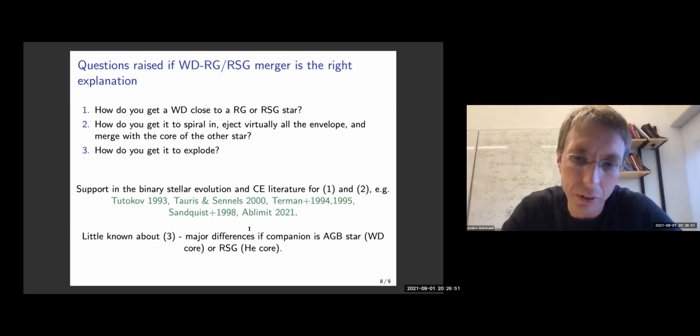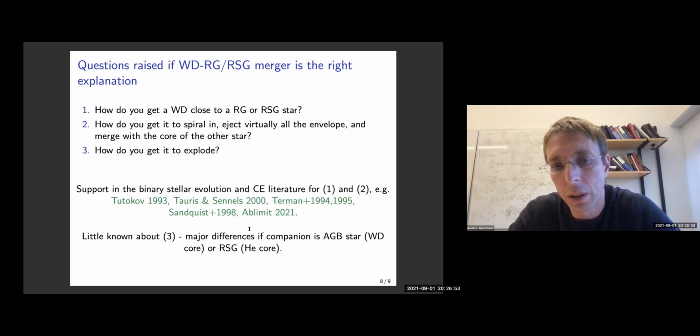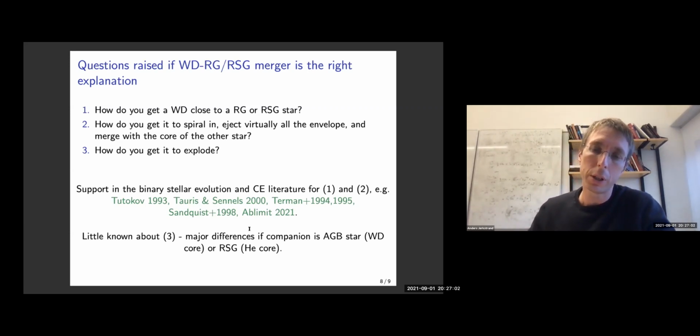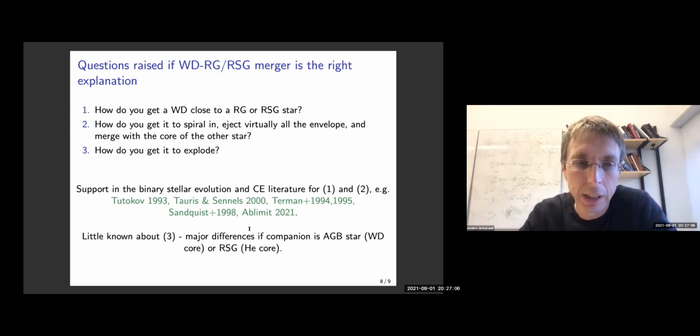It's more maybe 6, 7, 8 solar masses. If you really want those kinds of masses, you will need a red supergiant, and then you're instead talking about the white dwarf exploding by accreting helium at a very high rate from the helium core. So I think I will stop there and take any questions.